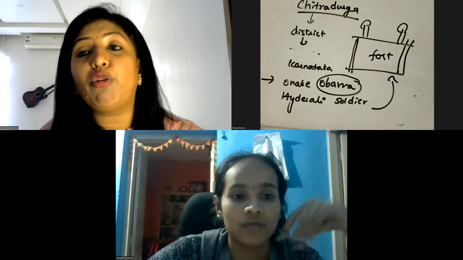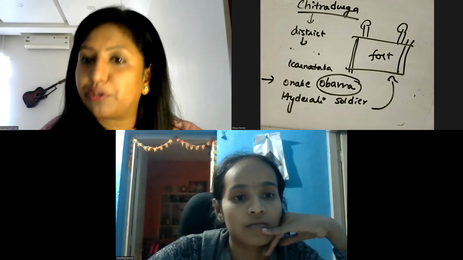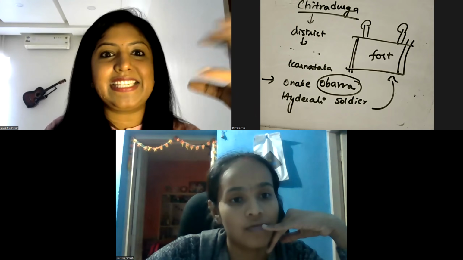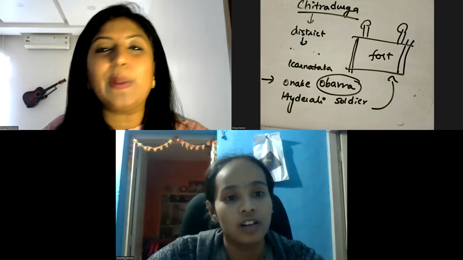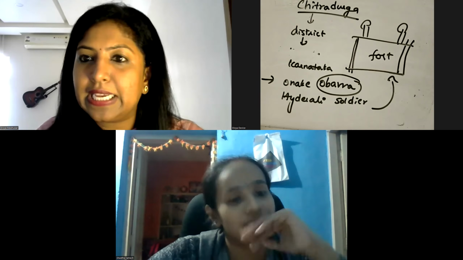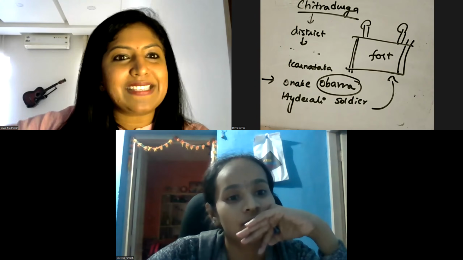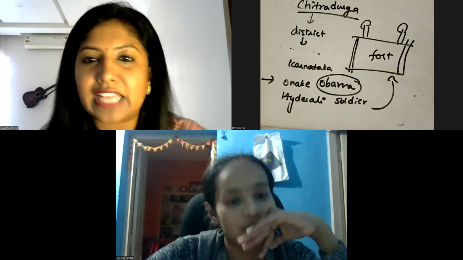We also know about the location. It's in the southern part of Karnataka. And we can also talk about the architecture. Since she said it's a fort, mostly forts are built with massive stone structures, right? Which could be on a series of hills and valleys, correct?